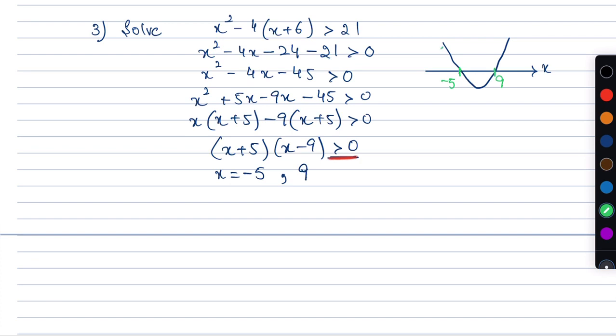So above the x-axis meaning that my region has to be on the upper side of the x-axis here with all the positive values of y. Therefore, I should be having a discontinuous range which should be less than negative 5 and greater than 9. So I can say that the set of inequalities for this quadratic equation is x less than minus 5 or x greater than 9.